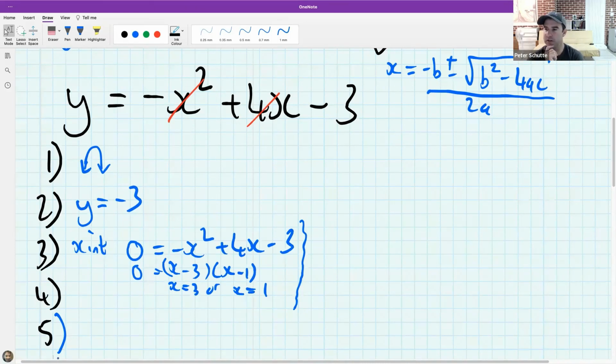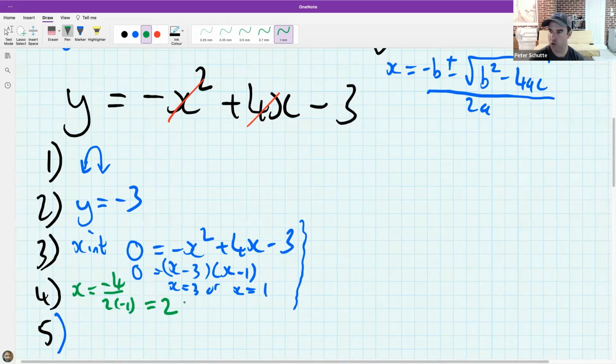Okay, there's a little bit of a debate about the turning point. Most of us are saying something similar for the axis of symmetry. Minus b, so minus 4. I get x is 2 for my axis of symmetry.